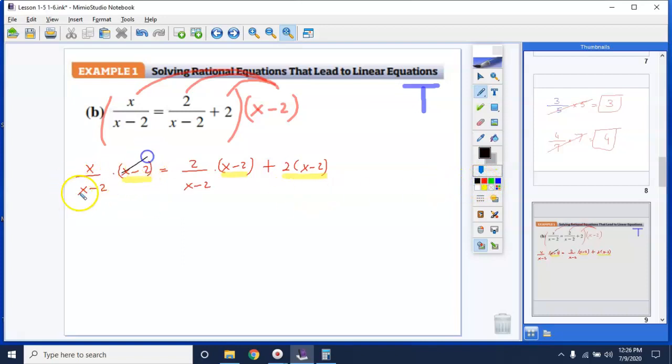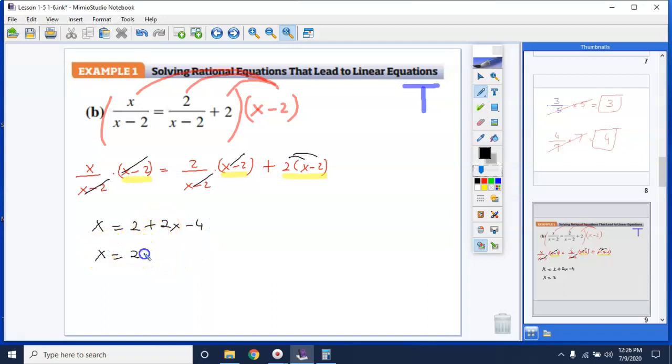The x minus 2 will cancel each other. I got x here, equals. Also these two will cancel as well. I got 2 left here. And on this side I have to multiply them: distribute over the parentheses, 2 times x is 2x, 2 times negative 2 is minus 4.